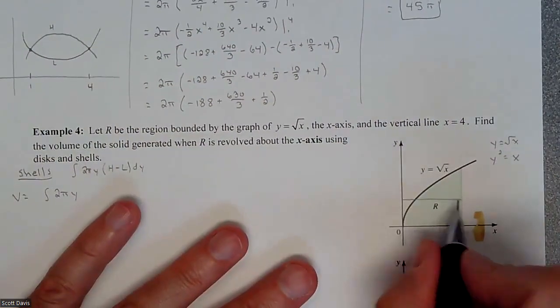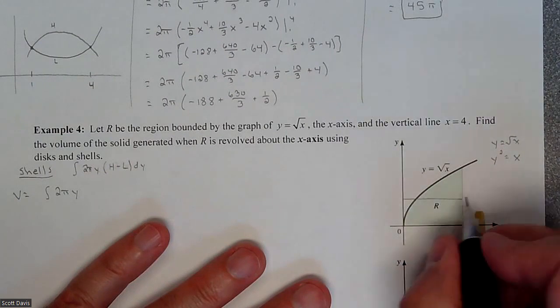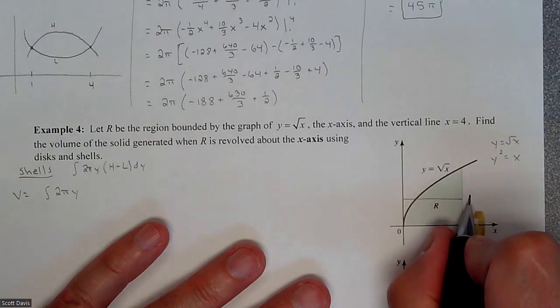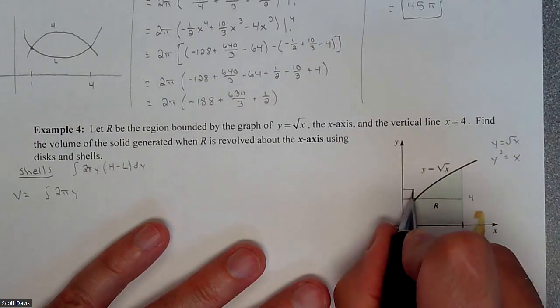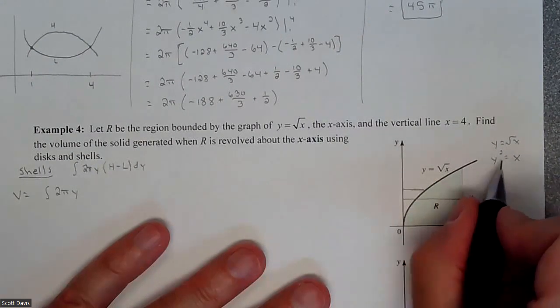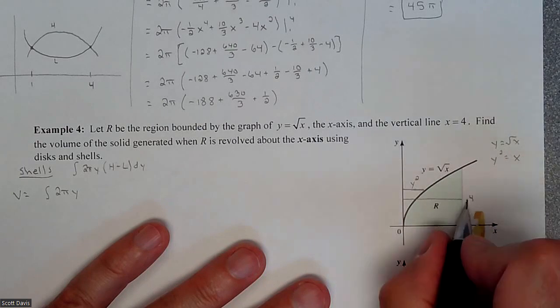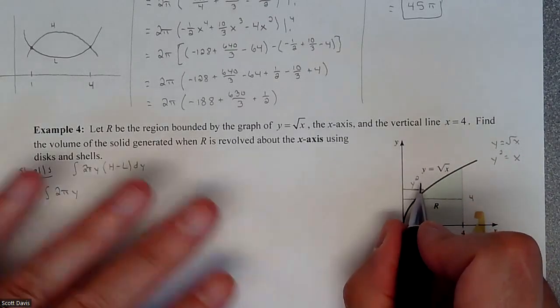The high function is 4, so that length right there would be 4. We subtract away this little bit each time, and that is based on this equation, y squared. So that's the high, and that's the low.